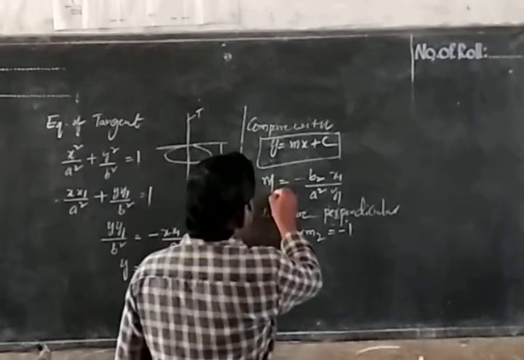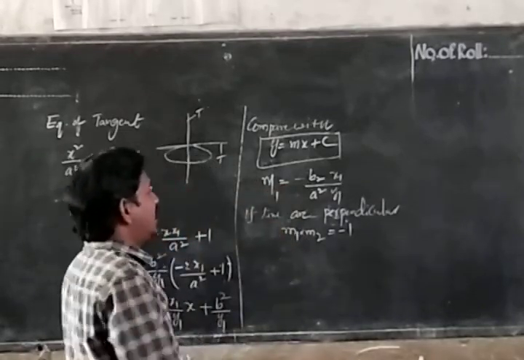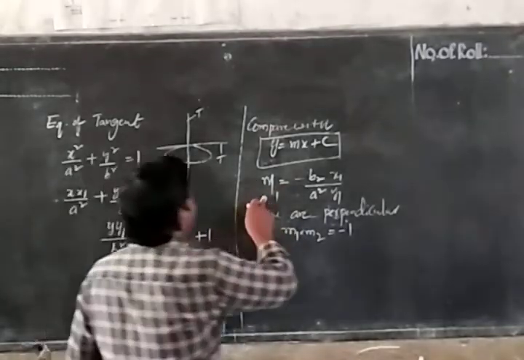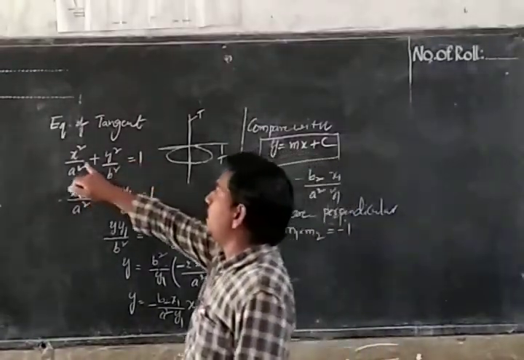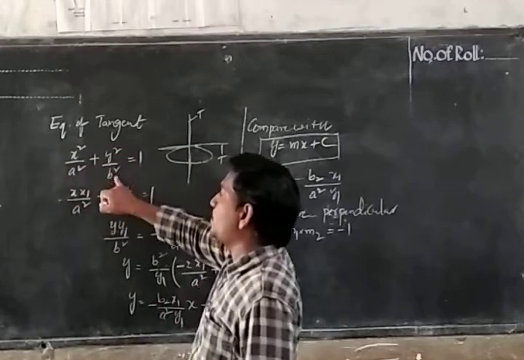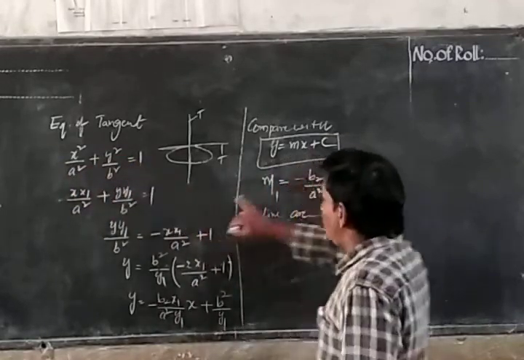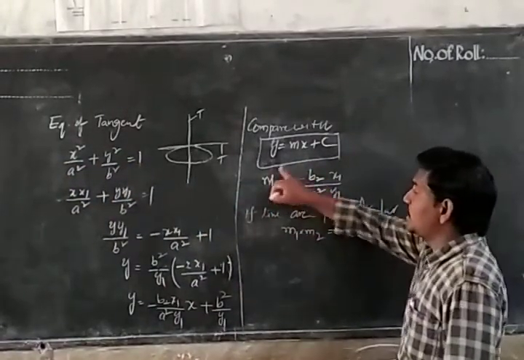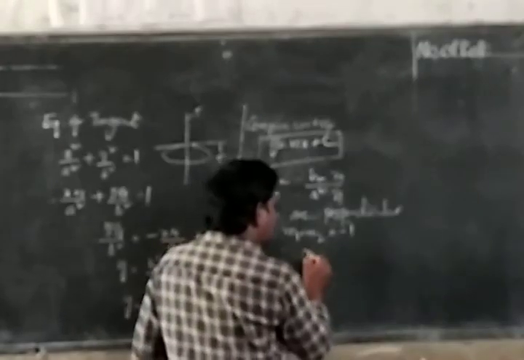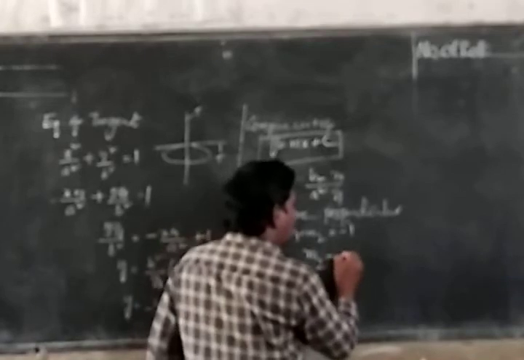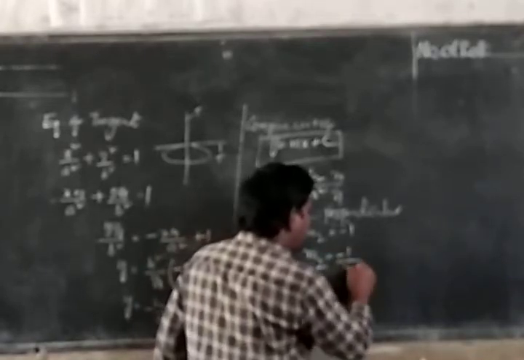So this is m1, the slope of the tangent. We got m1 from the equation of the tangent, x1 x by a square plus y1 y by b square equal to 1. So m1 is known, and I need m2, that means minus 1 by m1.